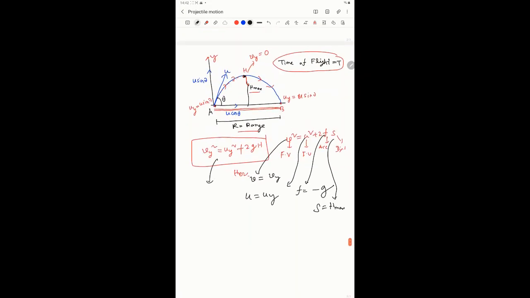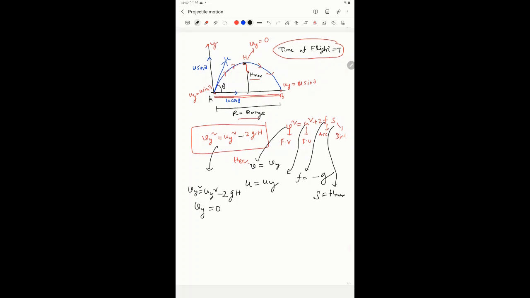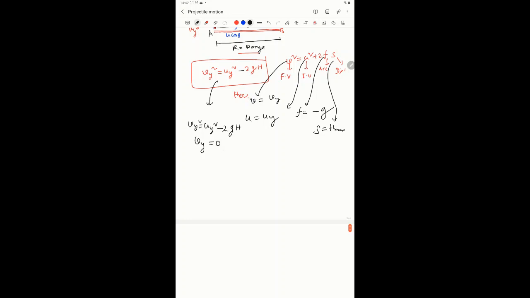So we get the equation vy square equals uy square, actually this g will be negative, so minus 2 into g into h. Now we know vy equals 0. If we put vy equals 0 in this equation, we get 0 equals uy square minus 2gh, or h equals uy square by 2g, and uy is the initial velocity along the y-axis, that is u sin theta.